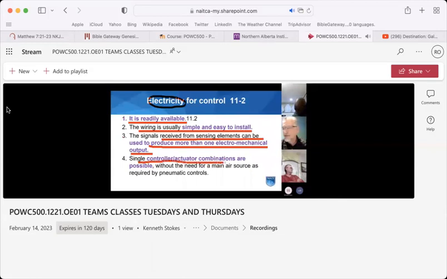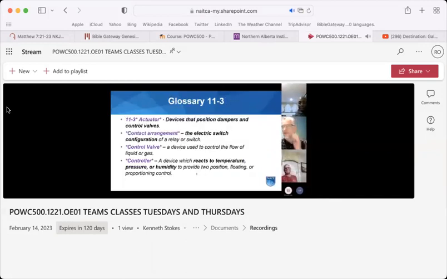And then there's lots of flexibility. Controller and actuator combinations are eminently possible, and we don't need a main air source that older school pneumatic or air powered control systems would require.